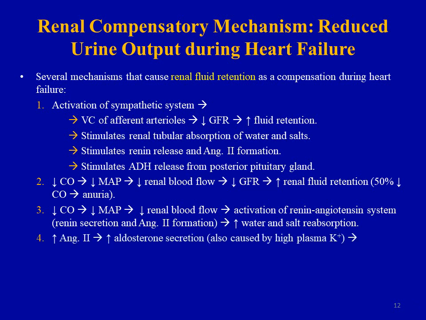Also, an increase in angiotensin II will increase aldosterone secretion from the adrenal cortex, and this will lead to increased sodium reabsorption, and this will be followed by osmosis of water, and the end result is an increase in blood volume in an attempt to restore the low cardiac output that happens in heart failure.